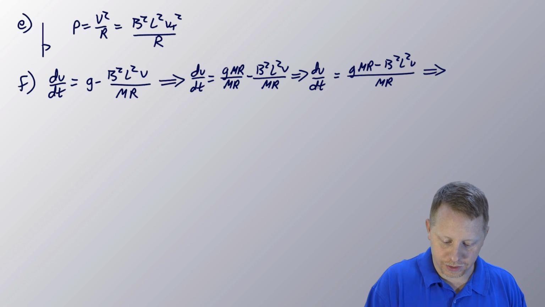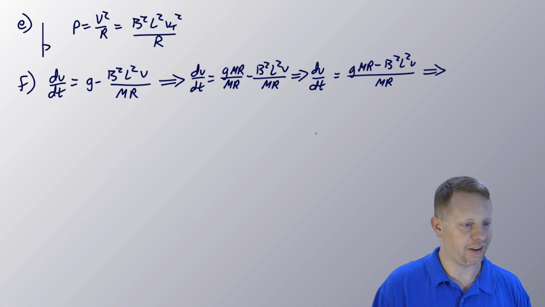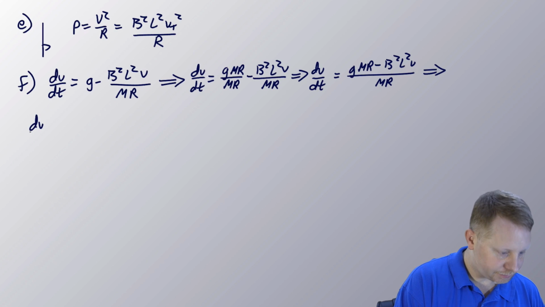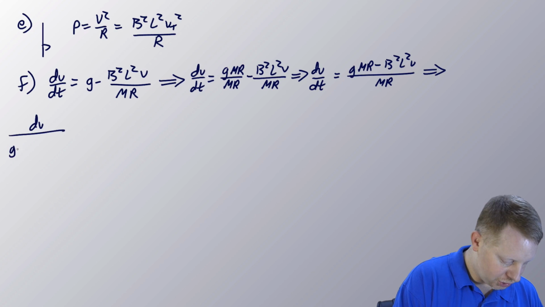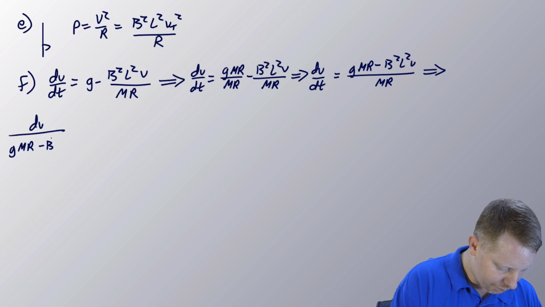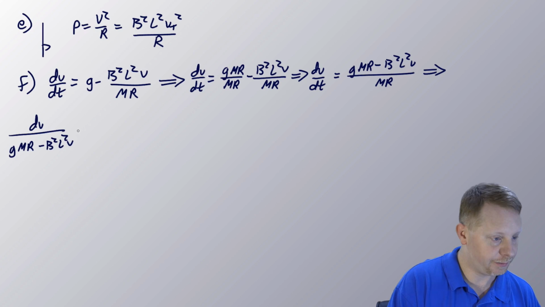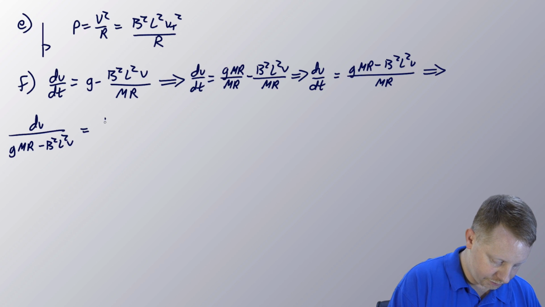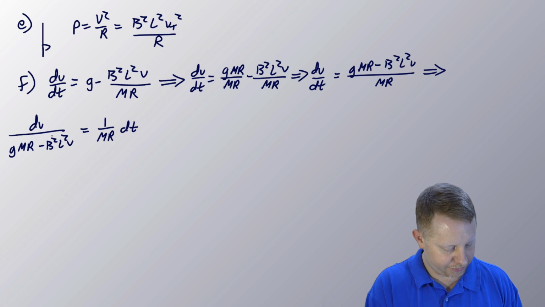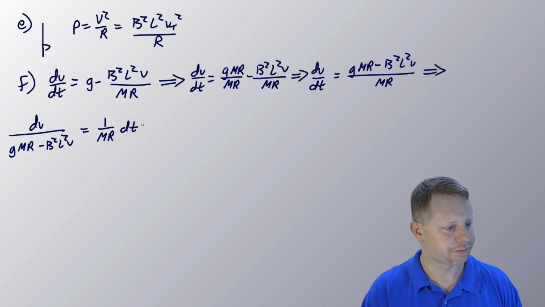I can pull the V over into the denominator on this side, the dt over into the numerator on that side, some cross multiplication, so that dV divided by gMR minus B squared L squared V must be equal to 1 over MR dt. I have all my variables of V on the left, everything in terms of t on the right.